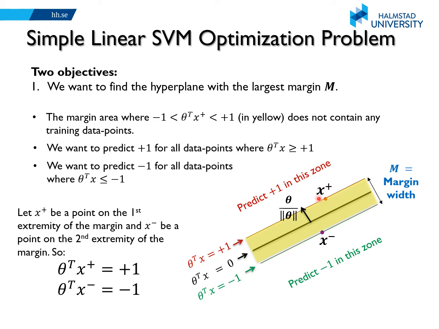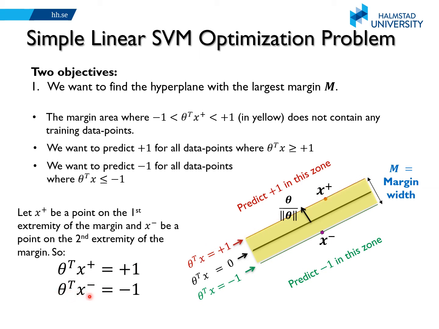And let's take one support vector from one extremity of the margin. It's denoted by x plus, because from this side we predict the class +1. So this is our first support vector, x plus. And another support vector denoted by x minus from the other extremity of the margin. So we know that theta transpose x plus is equal to +1 because this data point x plus lies on this extremity, this line.